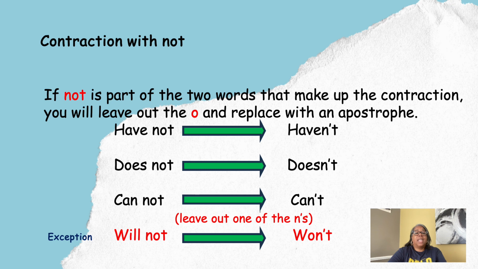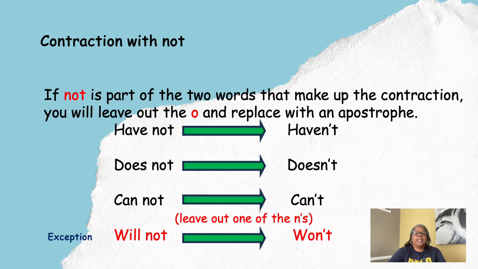Now I want you to take a closer look at cannot. Remember earlier I said there are some exceptions. Cannot became can't. In this particular word, you will leave out one of the N's and the vowel O to create can't.